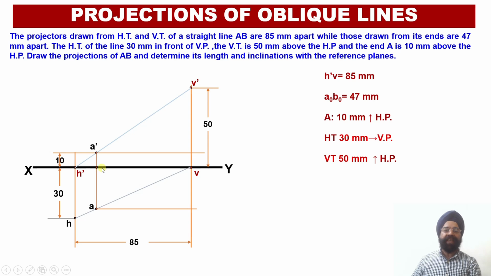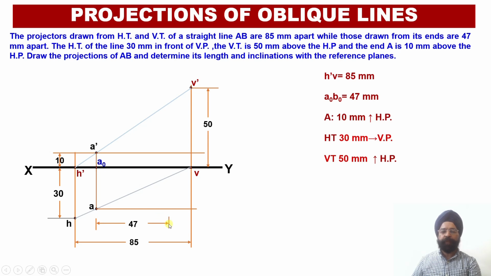Now once I mark this point AO over here, I have been provided with the information that the distance between AO and BO happens to be 47 millimeter. So AO point I have been able to mark. Now alongside the XY reference line, I will be measuring the distance of 47 millimeter from this particular point AO.